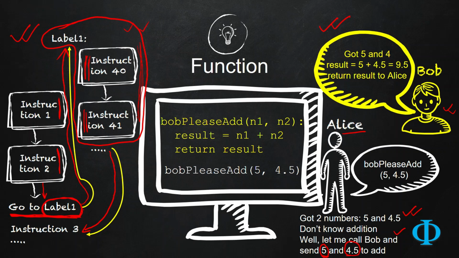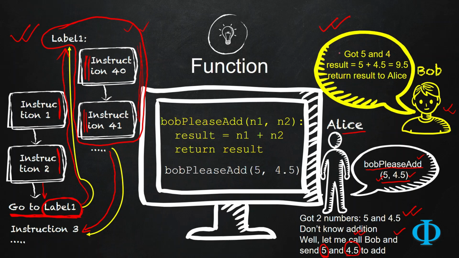So what you did is you just call Bob and you told him, well, Bob, please add 5 and 4.5. So what did you do? You call Bob and said, Bob, please add, and then pass both the numbers, 5 and 4.5, that you want to add. You pass them to Bob. All right. So now what happened on Bob's side?